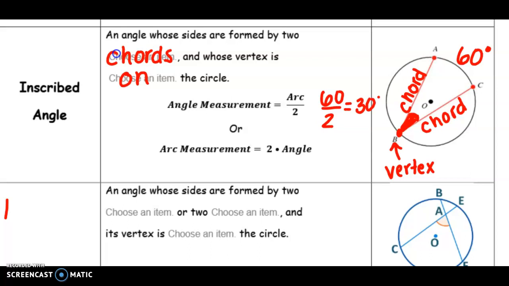Therefore, angle ABC is equal to 30 degrees. Now, if you don't have the arc measurements, but you have the angle measurements, you can also multiply the angle by 2 to get the measurement of the arc.